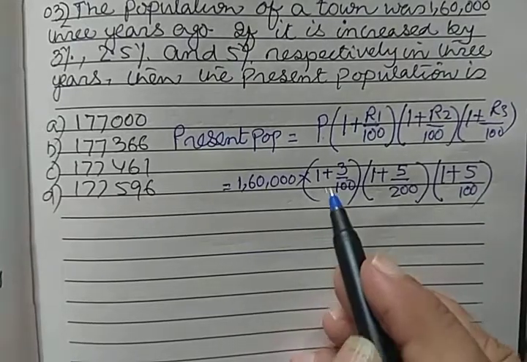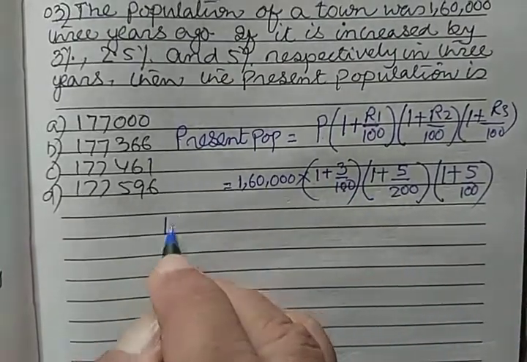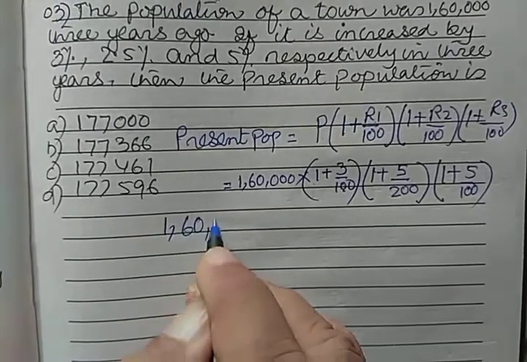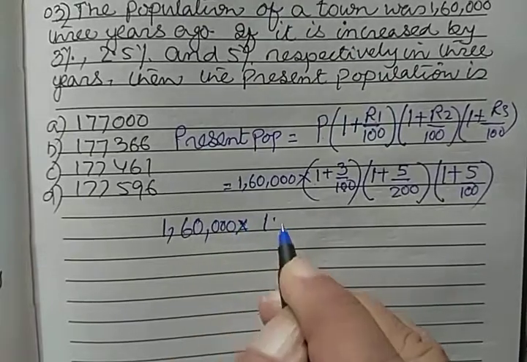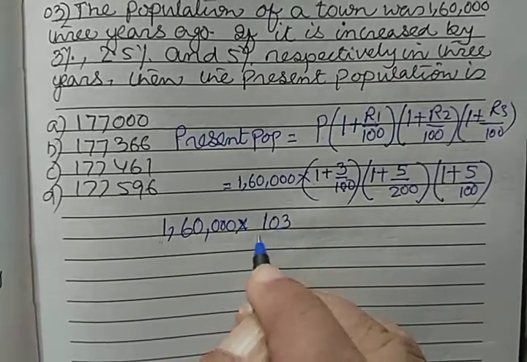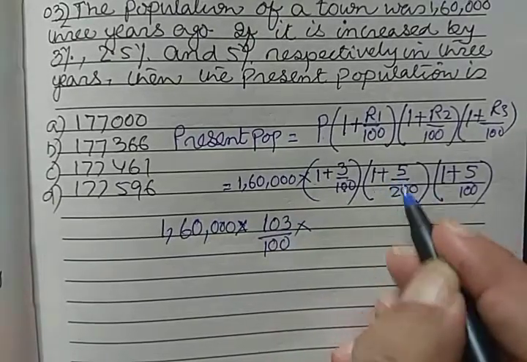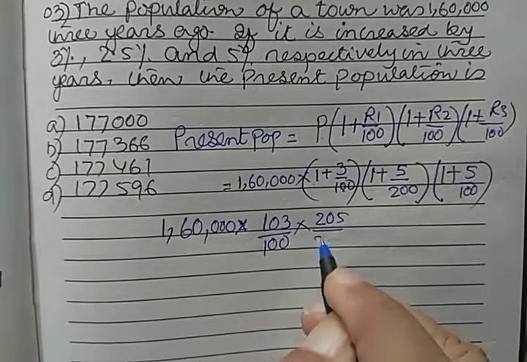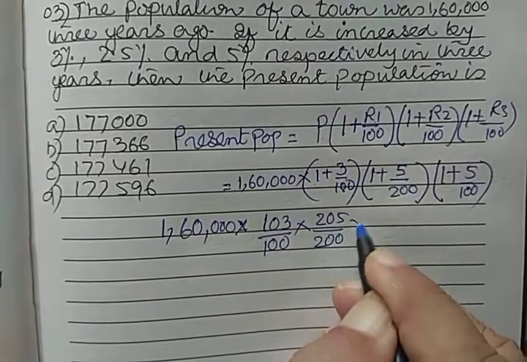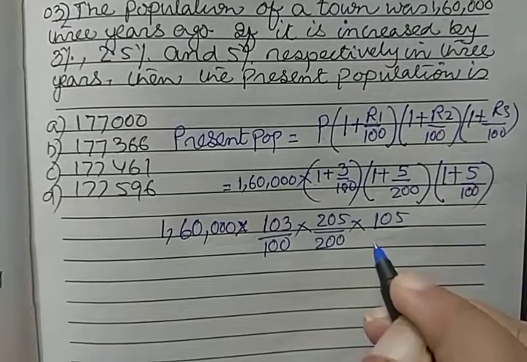So 1 plus 3 by 100 is 103 by 100, into 205 by 200, into 105 by 100.